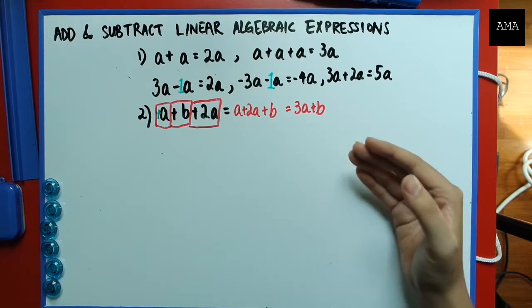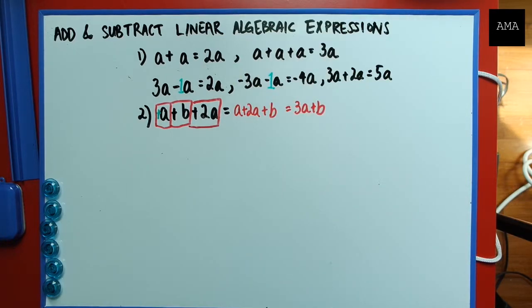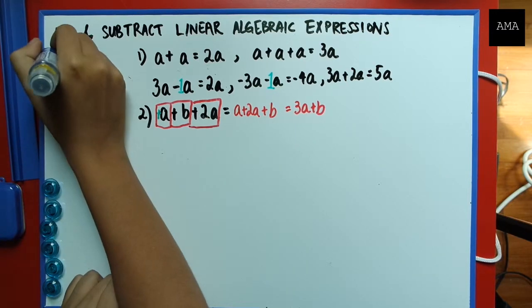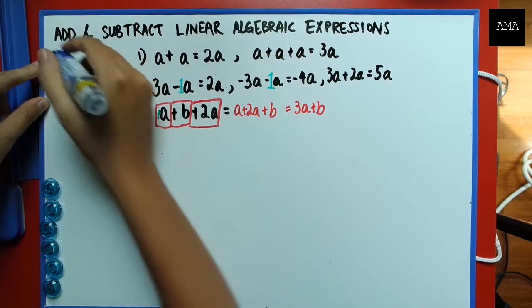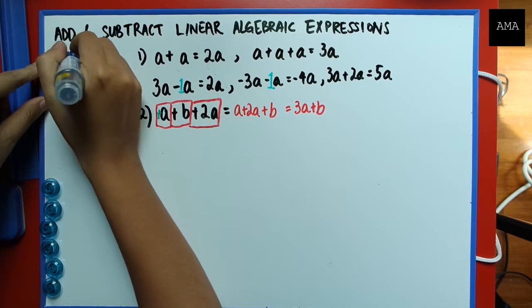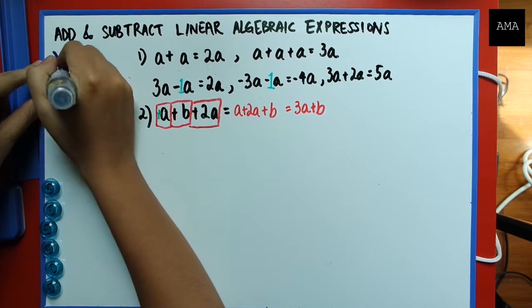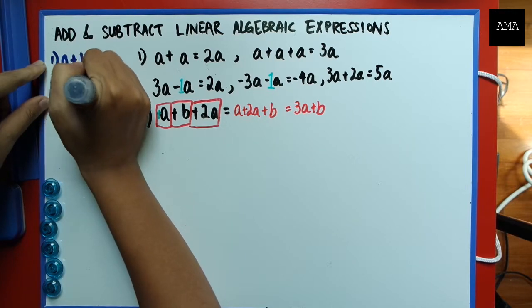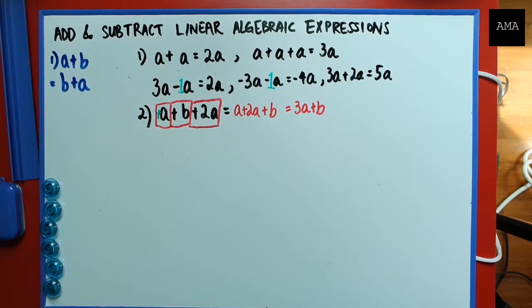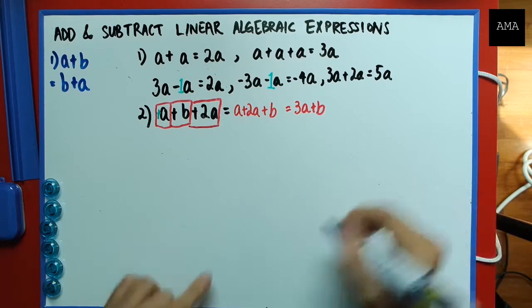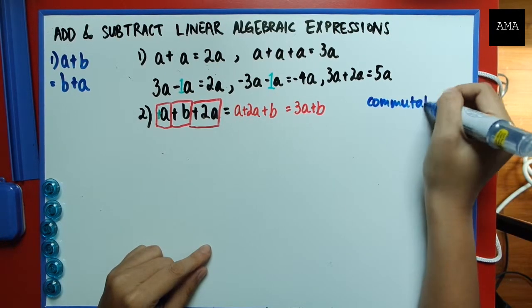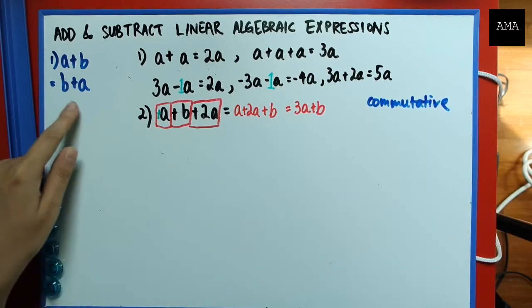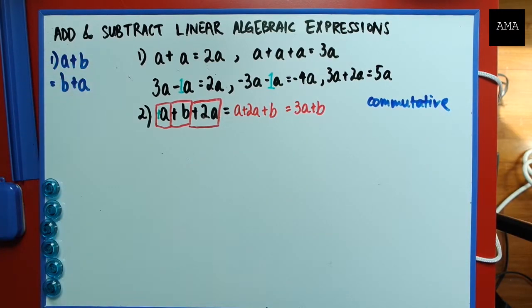The very first property that I've shown here is A plus B is B plus A. We call this property commutative. The word is spelled like this, commutative, which means changing the order does not change the result.